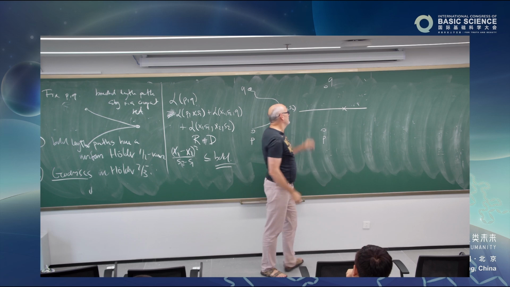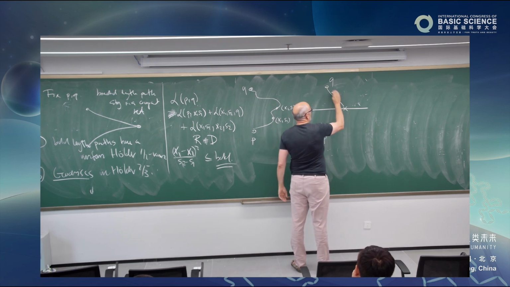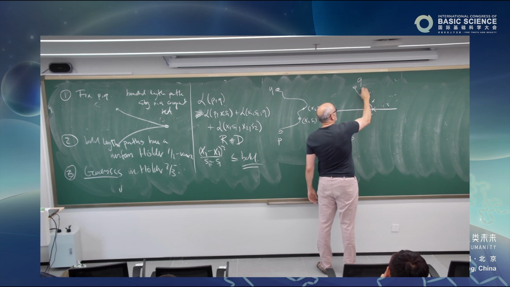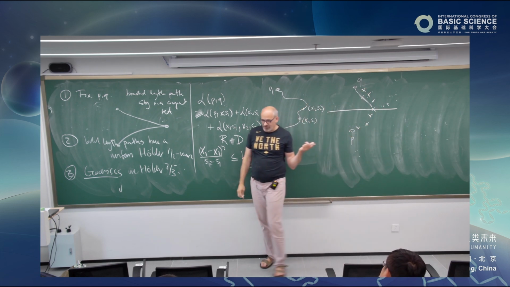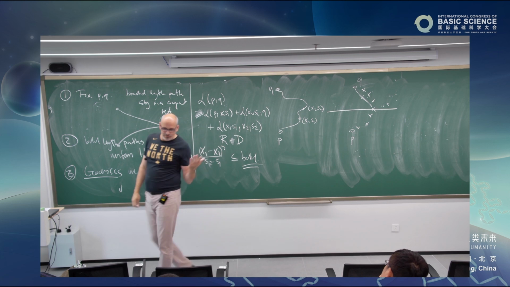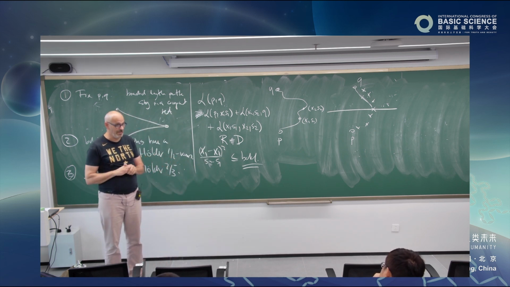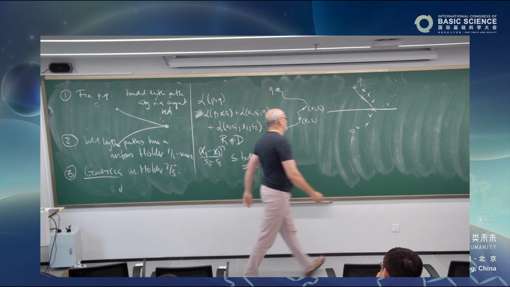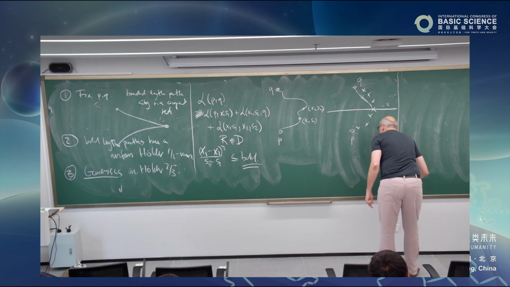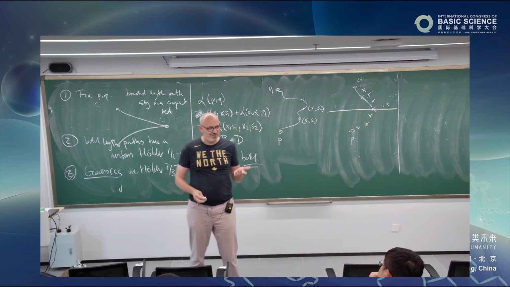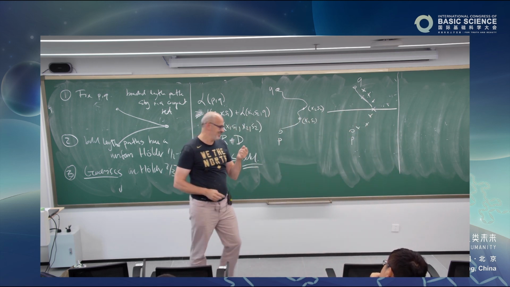You pick that point, and then you go halfway again and pick a point here. Keep going, halving each time, picking more and more points. What you know is that what you're constructing is uniformly Hölder. So therefore there's a limit, and that's a geodesic. So we have shown that geodesics exist. Okay, so let me tell you that geodesics are unique. That was the question.